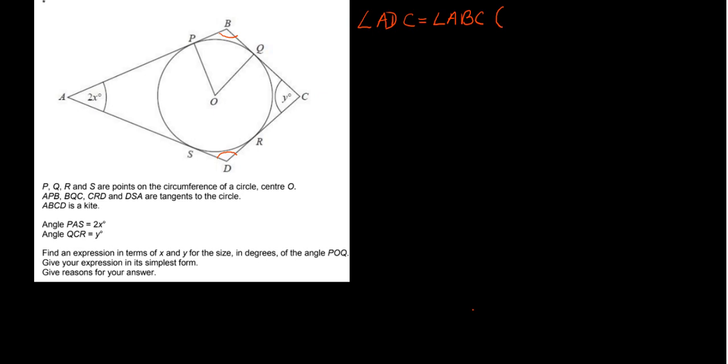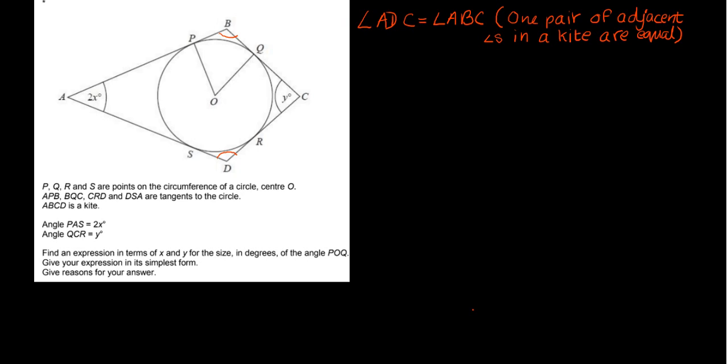The reason is one pair of adjacent angles in a kite are equal. So I found that these two angles are equal.